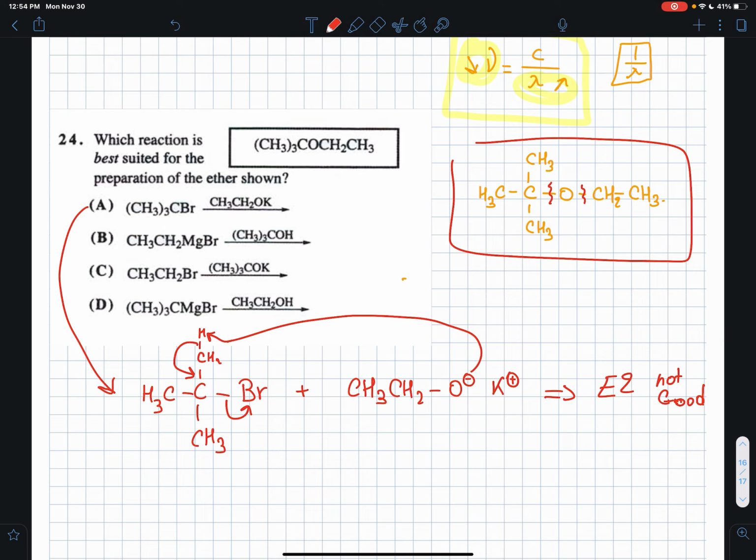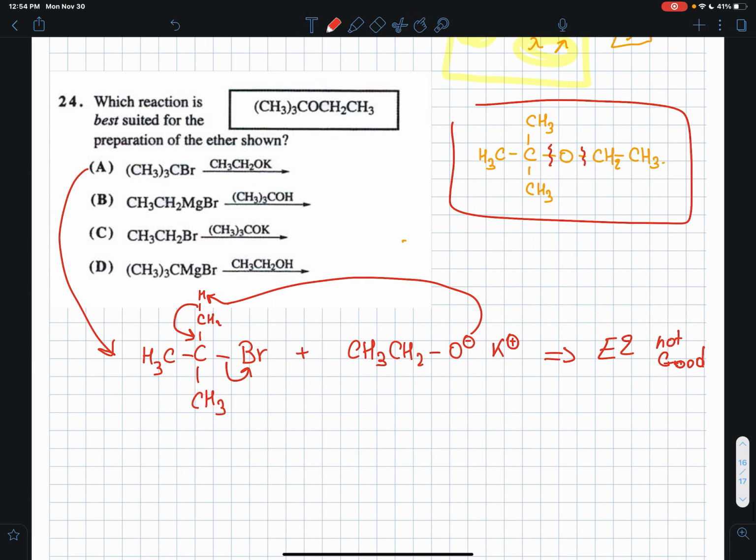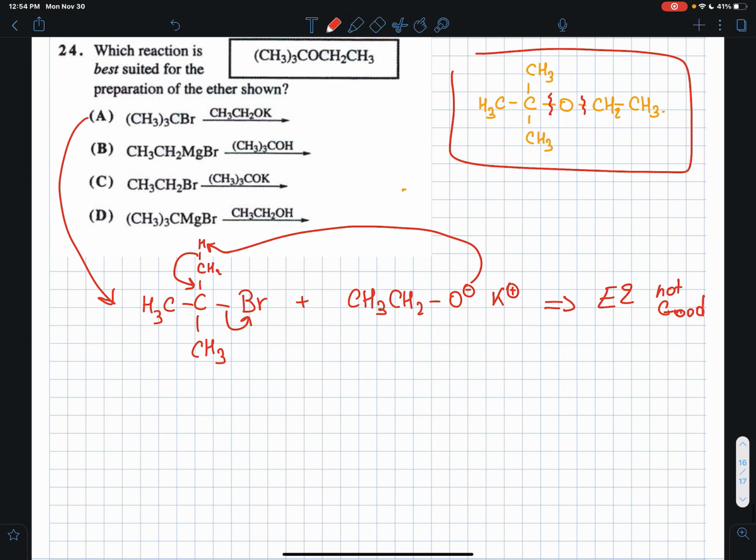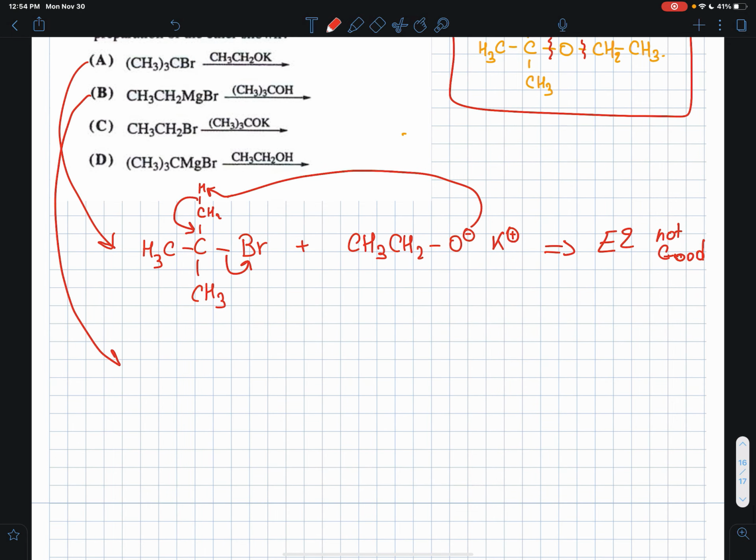Now let's look at the second one. We have CH3CH2MgBr, and we have an alcohol. That would not work either, and we'll see why. So we have CH3CH2MgBr, and then CH3, CH3, CH3, and an OH.